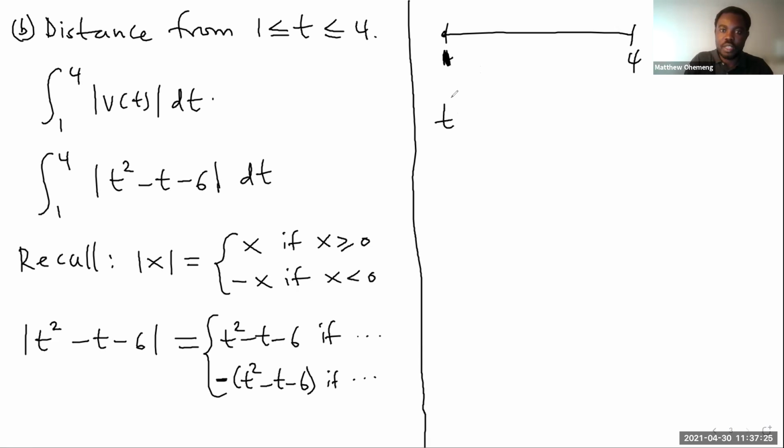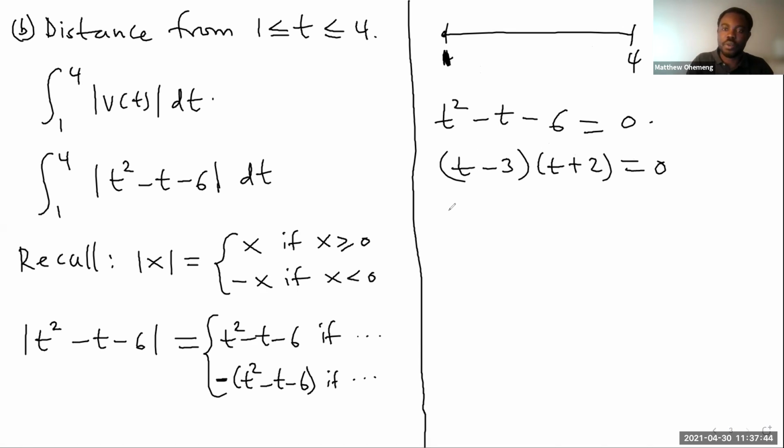If you have t squared minus t minus 6, how can you tell which side is positive and which side is negative? Well, you set it equal to 0 and find the factors. For this one, I have (t minus 3)(t plus 2) equal to 0. When I solve for the zeros, I get t equal to 3 or negative 2.